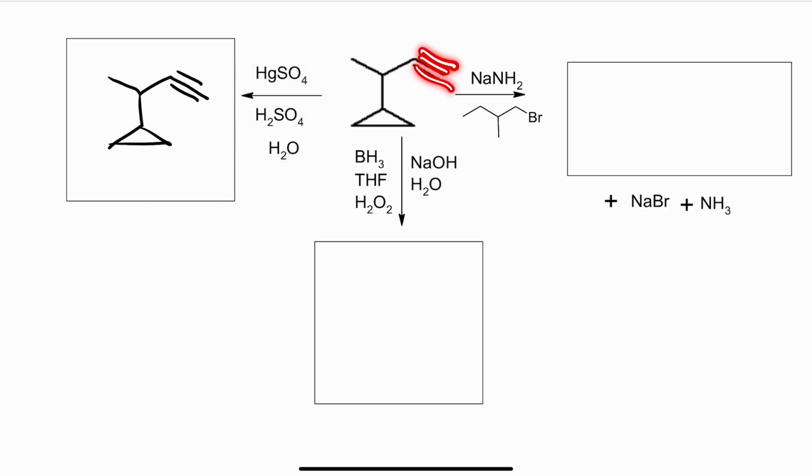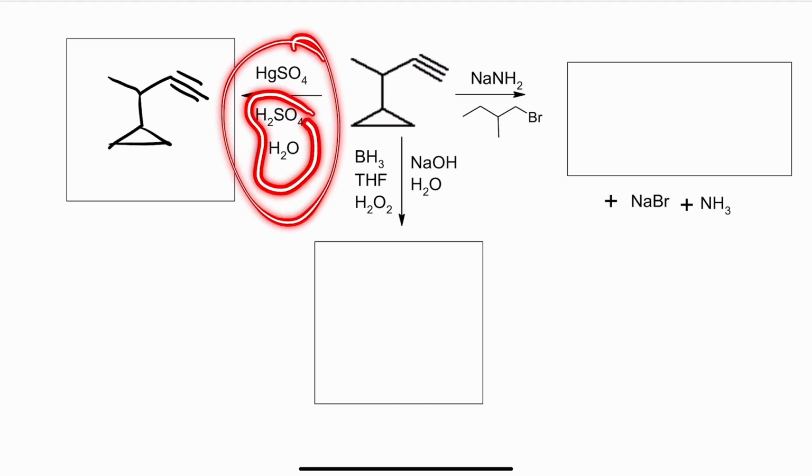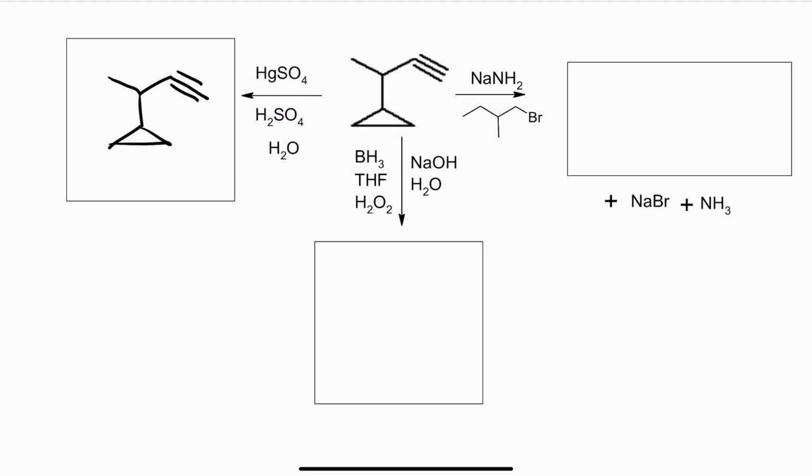So when you have alkynes, a triple bond, and you see this mercury sulfate, it is actually a hydration. So it's actually adding an OH, but it doesn't do it like it did for double bonds.